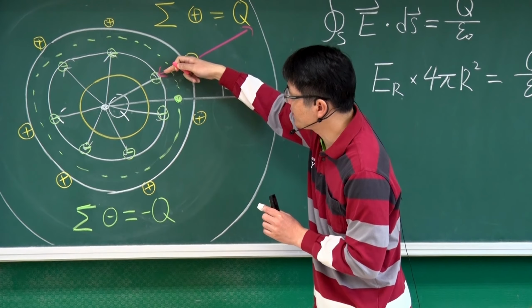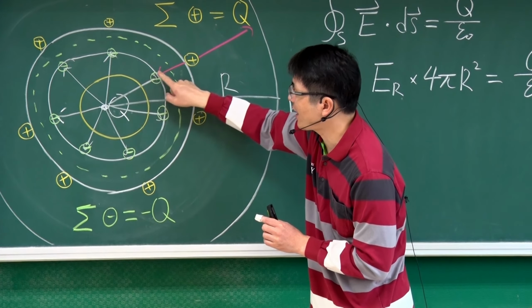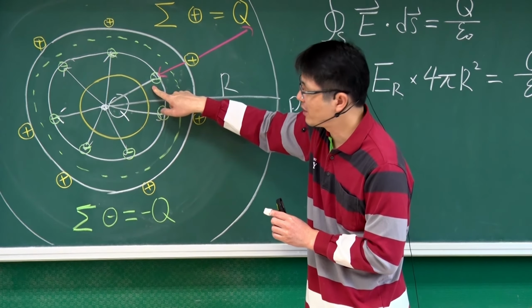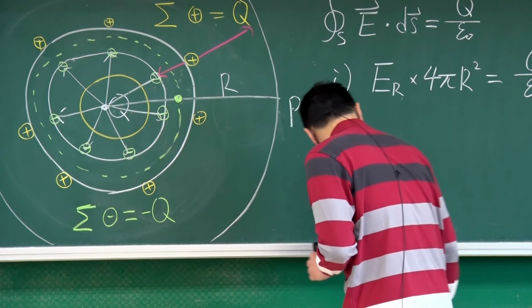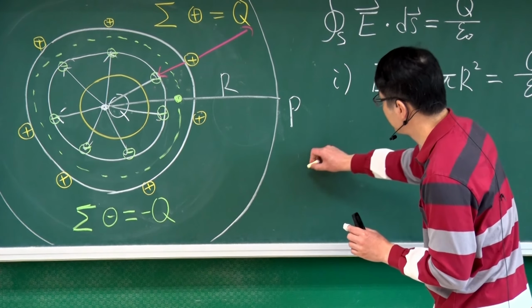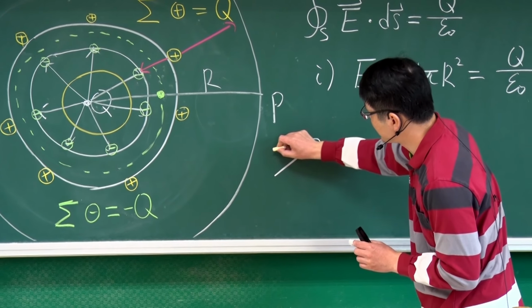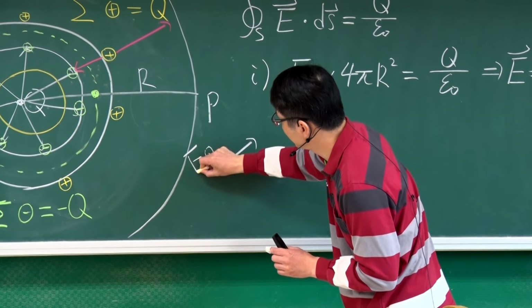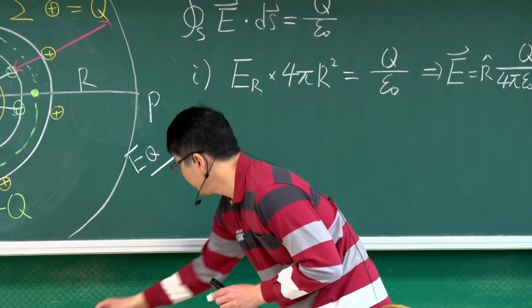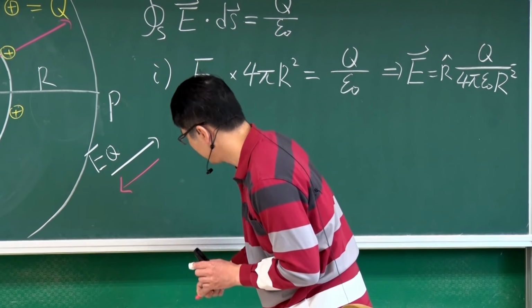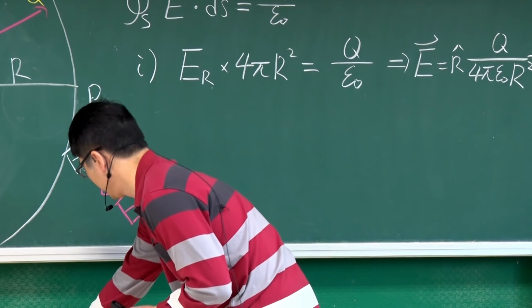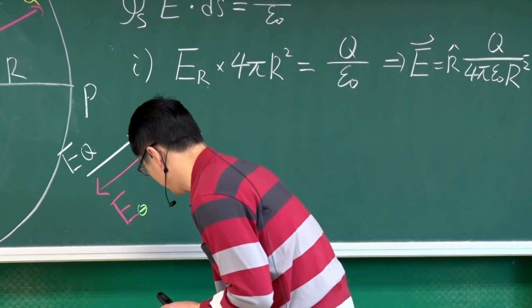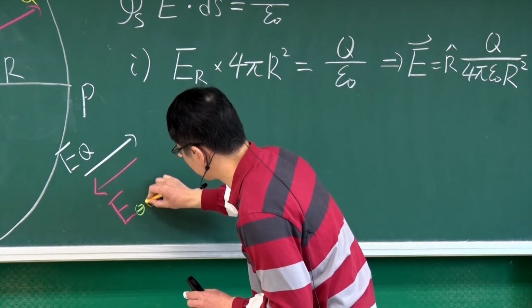This field strength is used to counteract the field strength of this center charge. So you have E due to Q, and you have E due to the induced charges.